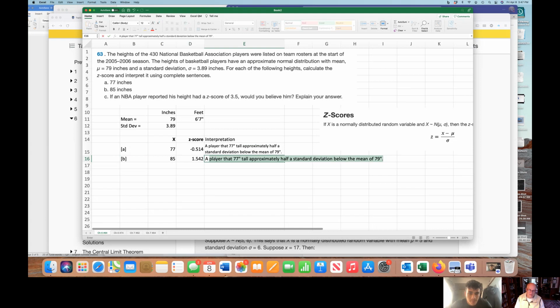A player, and really it doesn't matter now. I just change the numbers. Of 85 inches tall is approximately 1.5 standard deviations, in this case, above the mean.